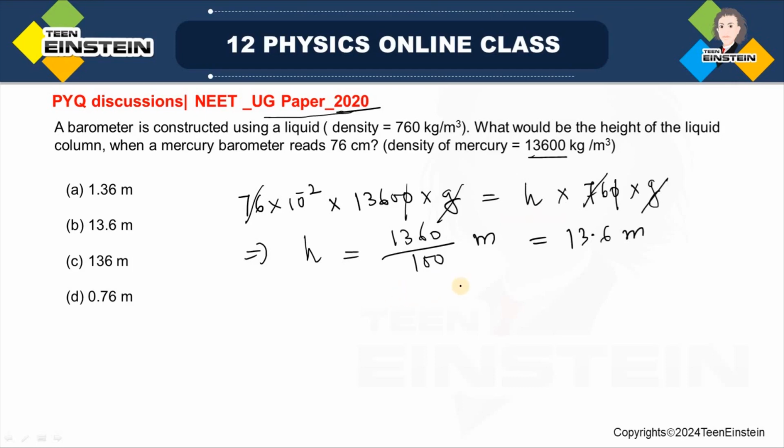So to read the pressure of 76 centimeter of Hg, the liquid column will be 13.6 meter in the constructed barometer. So option B will be the correct answer for this question.